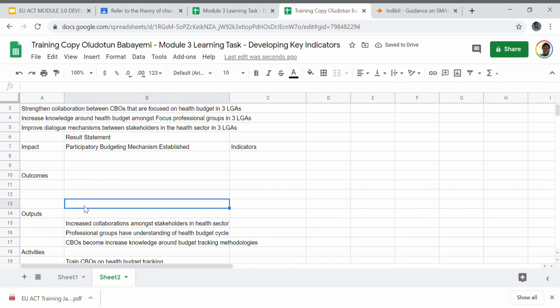What will their change in behavior be? Maybe CBOs increase mobilization on participatory budgeting.